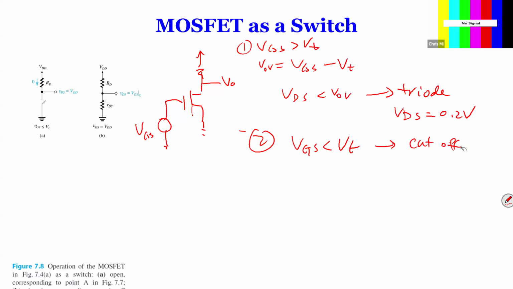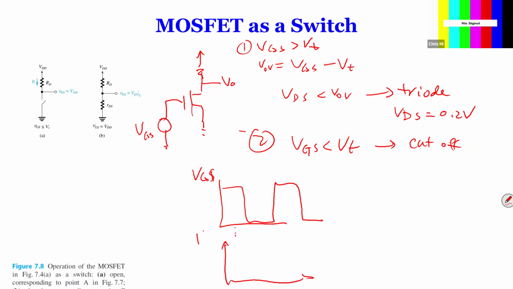Just lowering VGS below VT and raising it above VT, back and forth, just switches. Yeah. Okay, say the input goes like this. So when VGS is big, here you can find your VO.